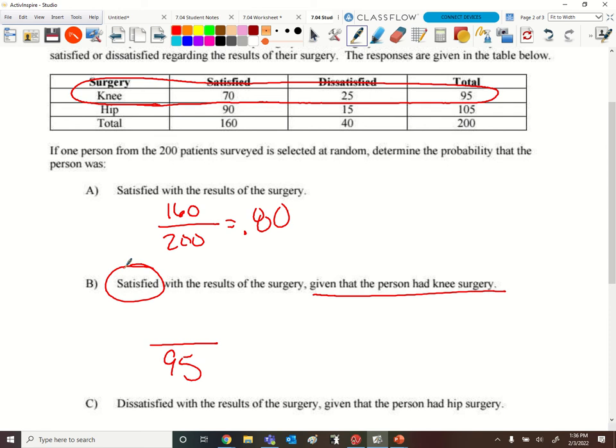That would be 70. Because that's the "and" symbol, so it's got to be here and satisfied. So the only intersection is going to be that number right there. So on top is going to be 70. And then I do my handy dandy calculator.